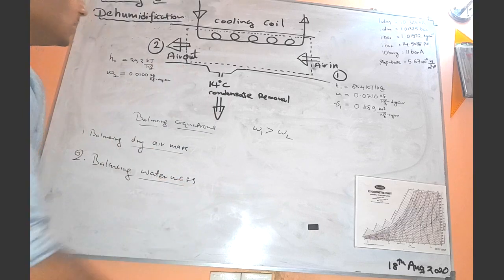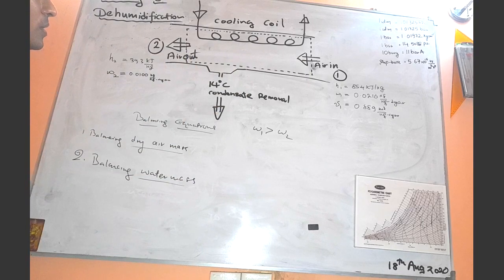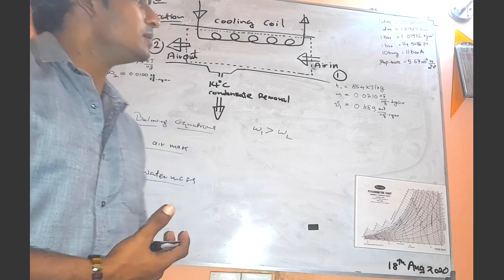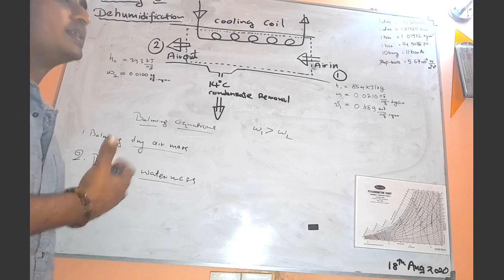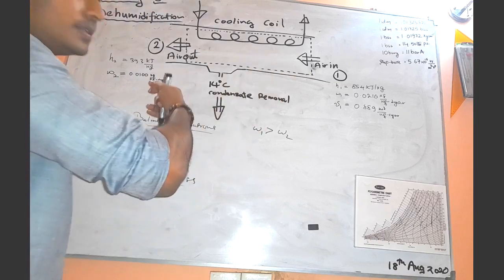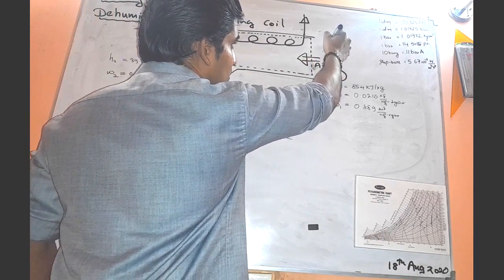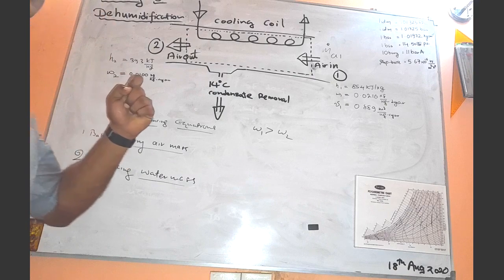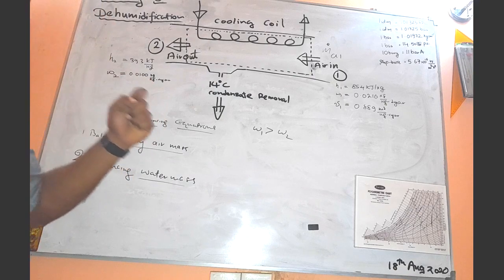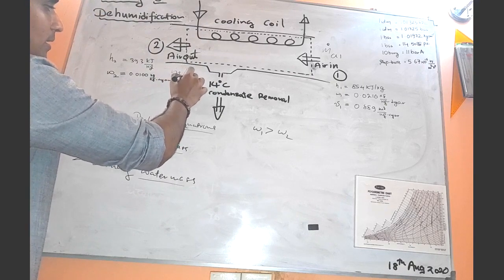Let's say the flow rate of dry air mass that enters is ma1 dot, and the dry air mass that exits at the outlet is ma2 dot.